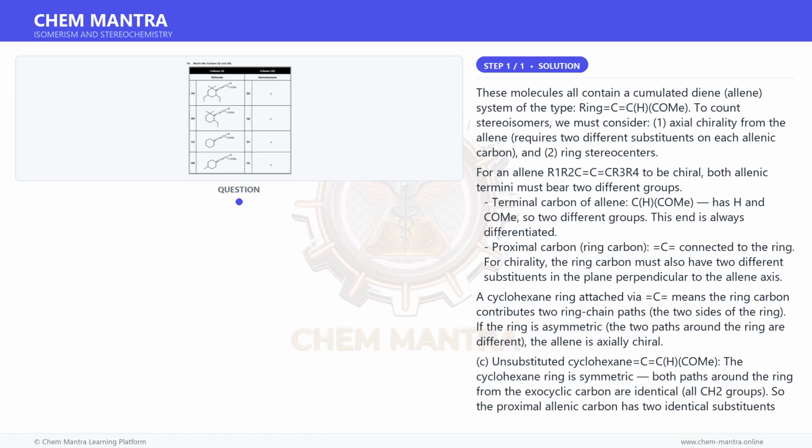Actually, an exocyclic allene C=C means the ring carbon is sp2, part of the first double bond of the allene. An sp2 carbon in the ring can only have 3 substituents, 2 ring bonds plus the double bond. So gem-dimethyl on the allenic ring carbon is not possible. The image likely shows the gem-dimethyl on an adjacent carbon.